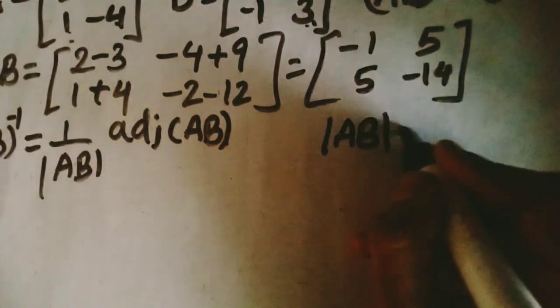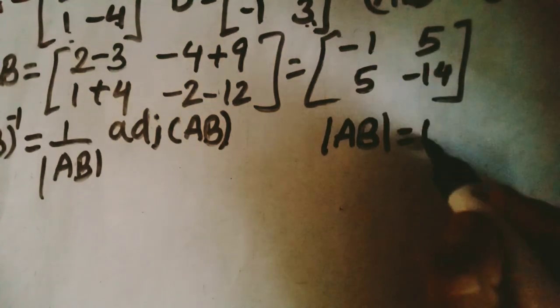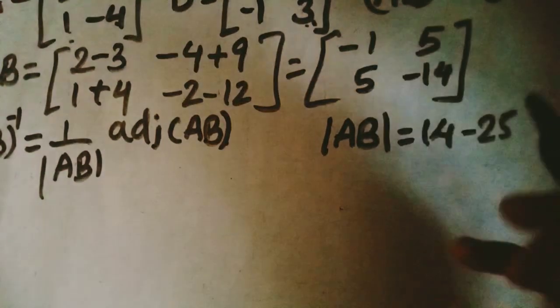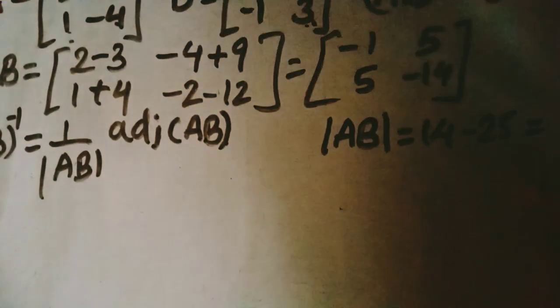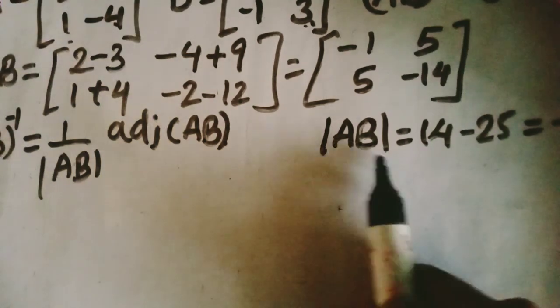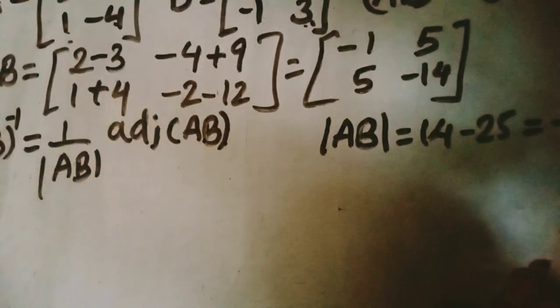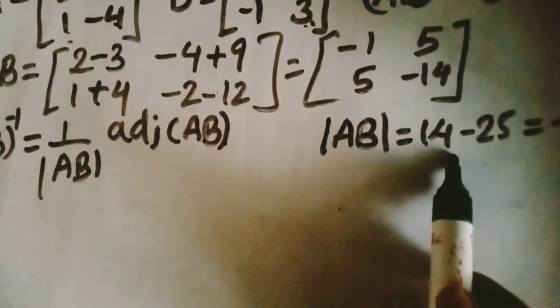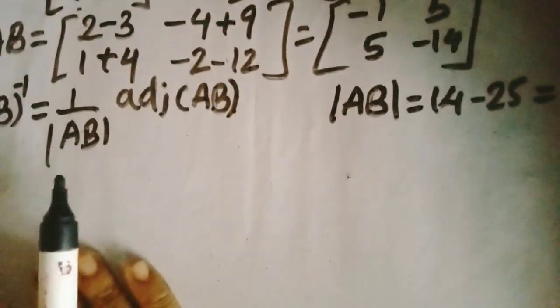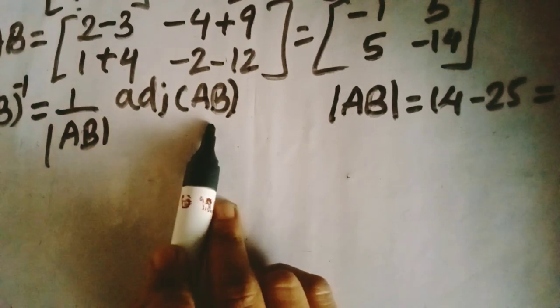Determinant of AB is 14 minus 25, so this is minus 11. So we got the determinant of AB which is not equal to 0, so it is a non-singular matrix, so AB inverse exists.